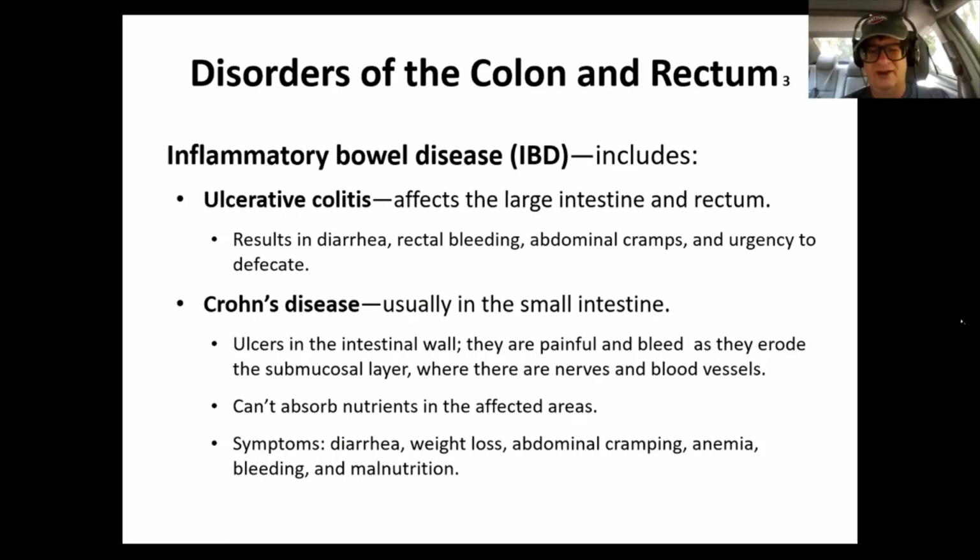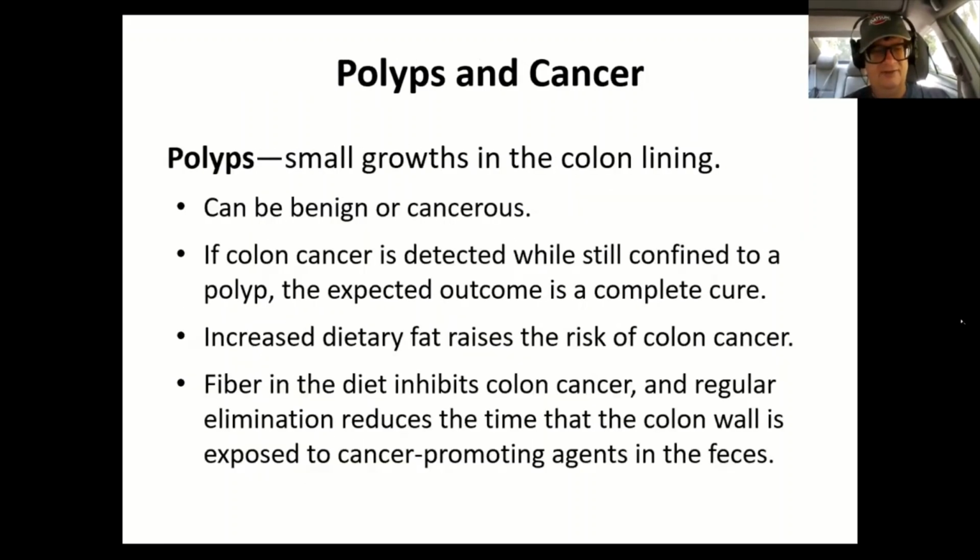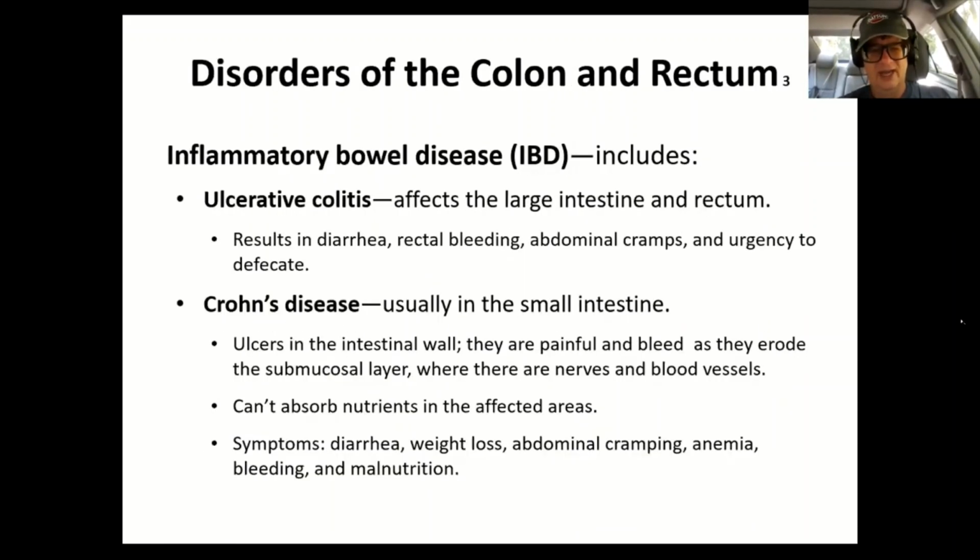So, a lot of diarrhea, weight loss, cramping, bleeding, horrible. And they could even have to do a bowel resection where they remove pieces of intestine from the middle and sew the two ends together to try and give you a functional intestine. Bad stuff.